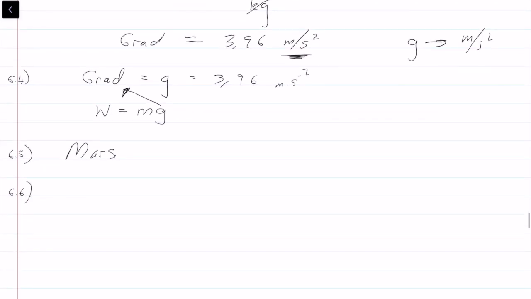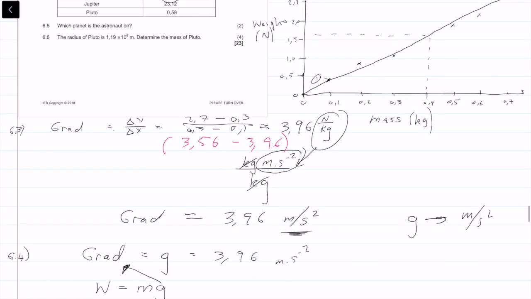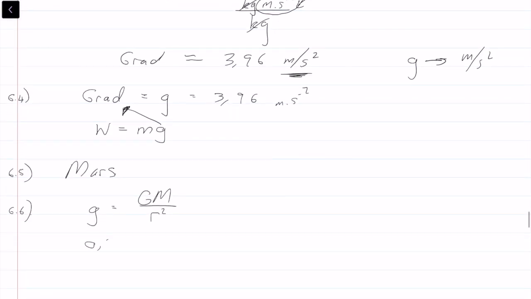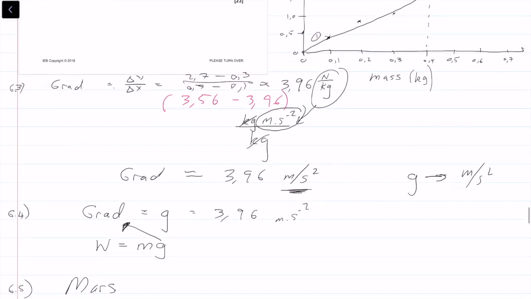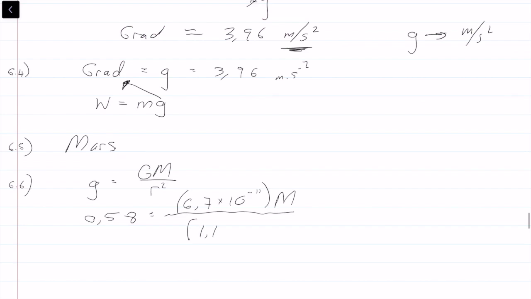The governing equation is g equals the gravitational constant times the mass of the planet over the radius of the planet squared. We're concerned with Pluto, so we know g is 0.58, equal to the gravitational constant, 6,7 times 10 to the minus 11, times the mass, which is the unknown, over the radius in brackets, 1,19 times 10 to the 6, all of that squared.